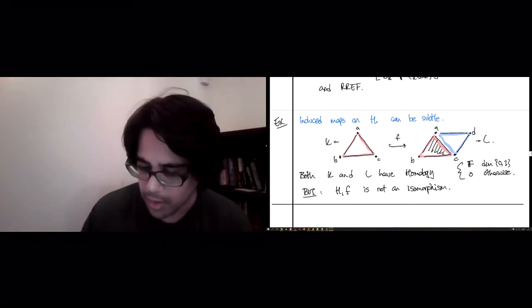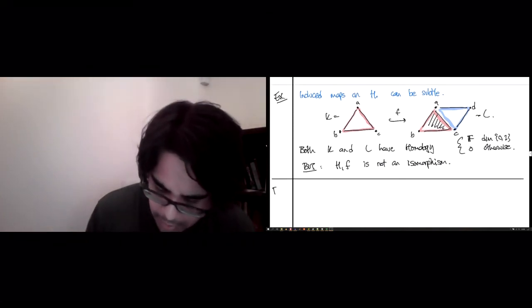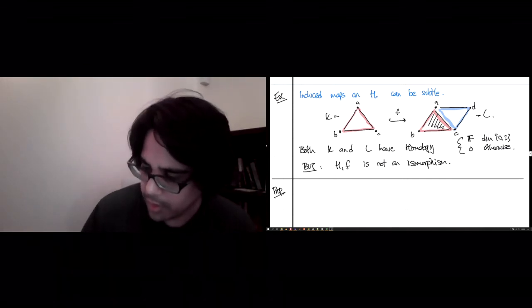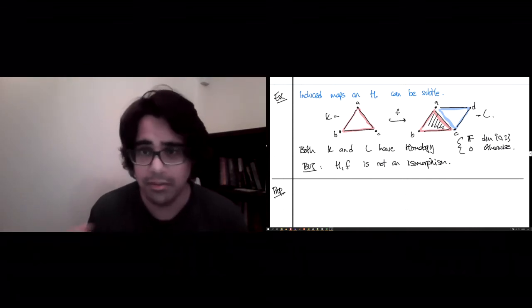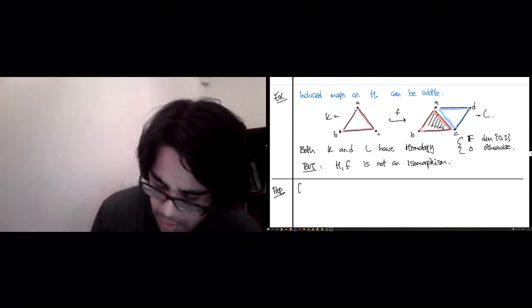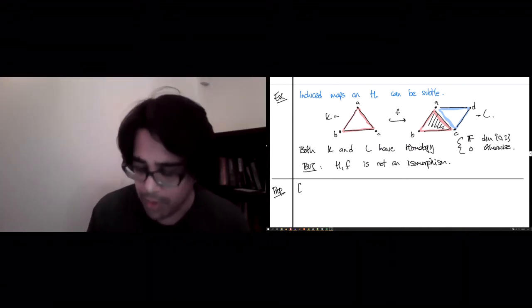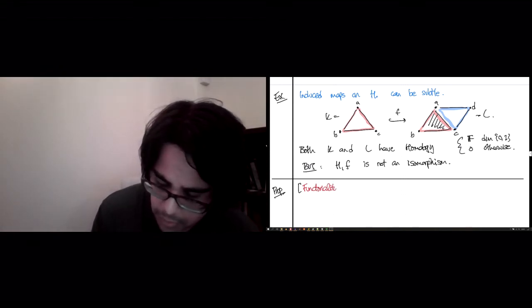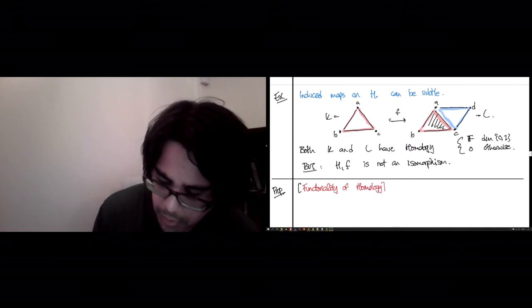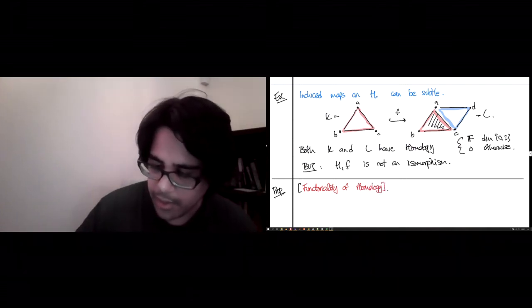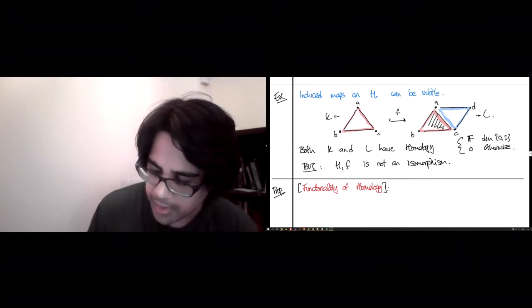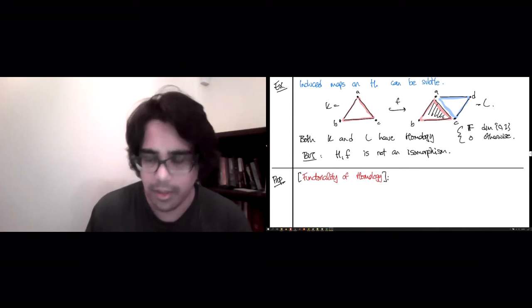Okay, so here's a proposition which I'm not going to prove here. It's the chase your definitions type of proposition, but it does have important ramifications. This is called the functoriality of homology. And this is what it says. I guess there will be two steps to it.